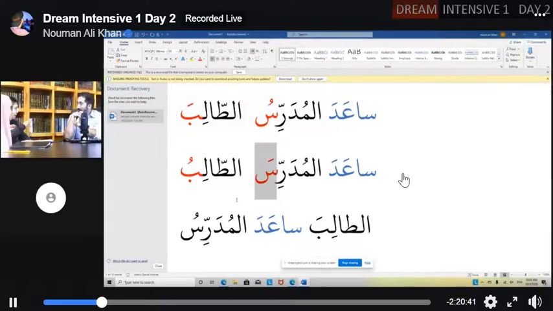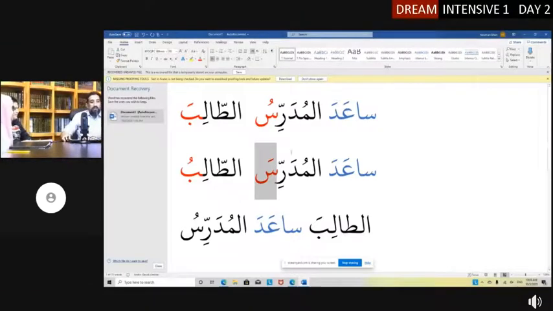Okay, this one looks like a slam dunk, so easy. الطالبة ساعد المدرس. And I'm like, that's so easy. Student helped teacher, right? No, wrong. Good, but you're seeing it. In English, this would have been easy because whatever you say first is your doer.